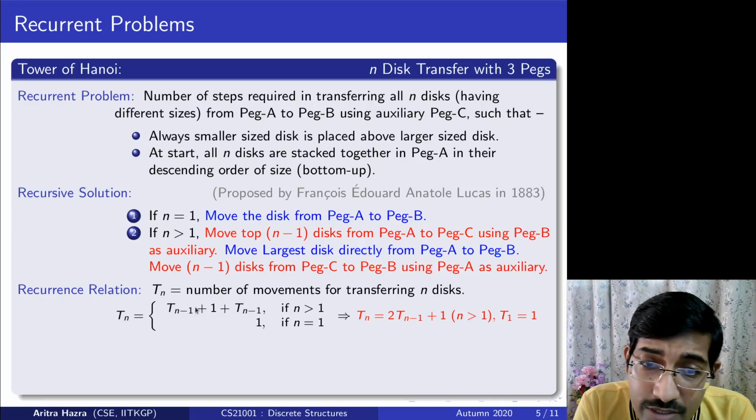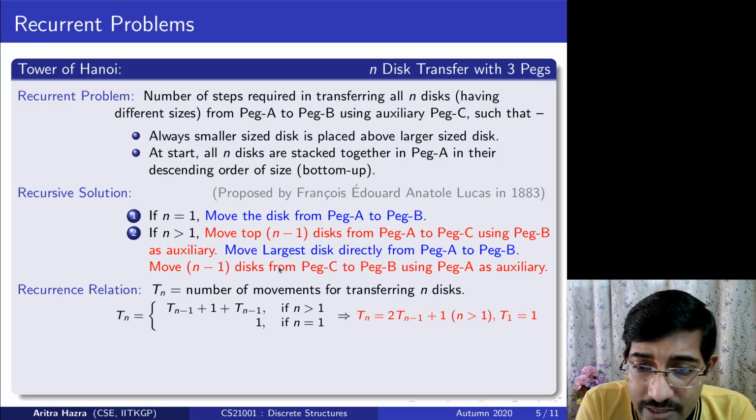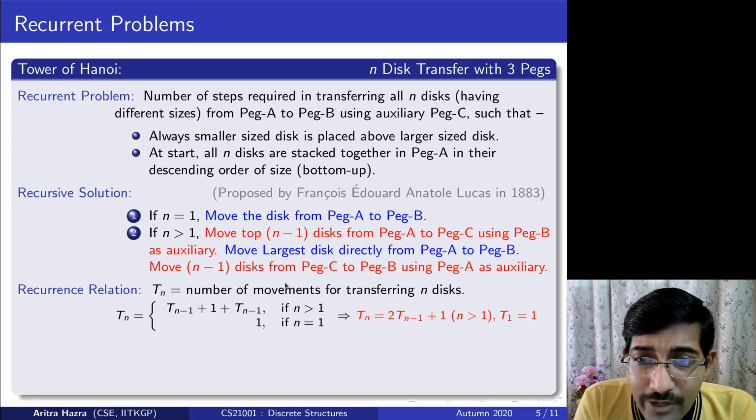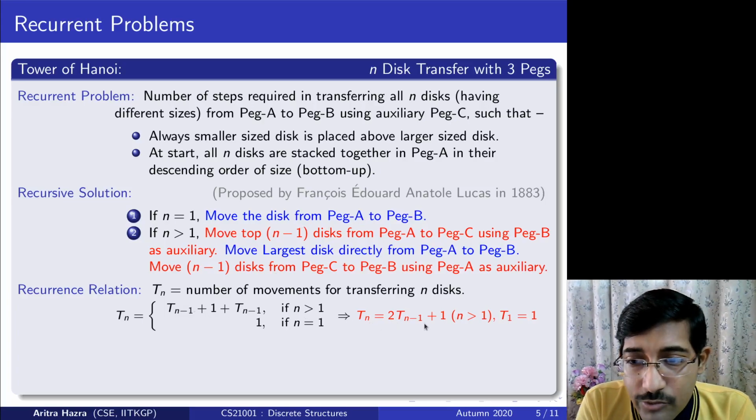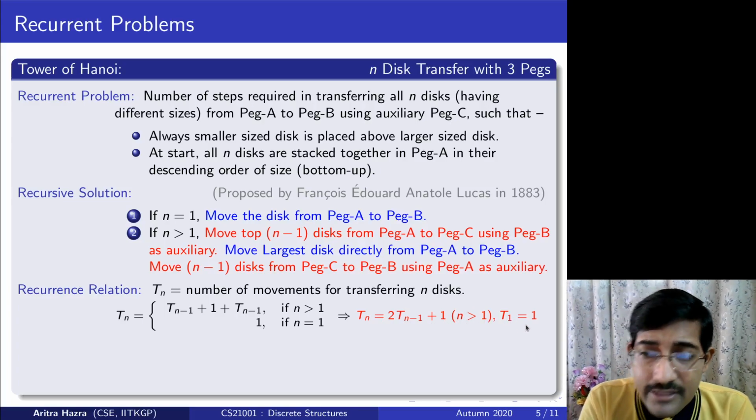So this is Tn minus 1 for the n minus 1 disk movement, the first red one, plus 1 for this one, and this is the last red one. And 1 for n equal to 1, as you can see, I just have to directly move it. This is my base condition. So if you simplify it, it is Tn equal to 2Tn minus 1 plus 1 for n greater than 1, and my base condition is T1 equal to 1.